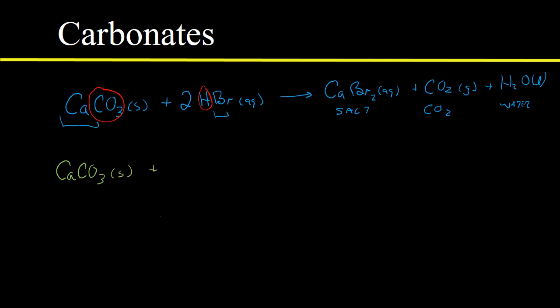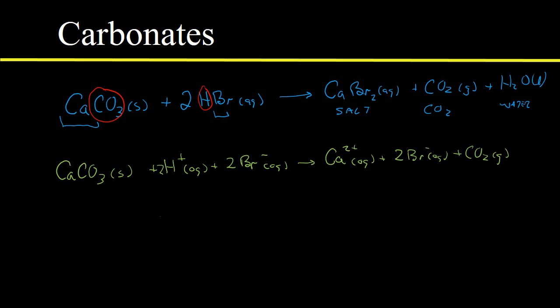The hydrobromic acid is a strong electrolyte, so that's going to split up. All right, calcium bromide is soluble. That's a strong electrolyte, so we'll split that up. And then both CO2 and water are molecular compounds, so we'll keep them as they are.